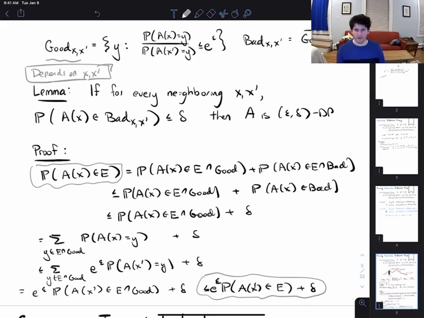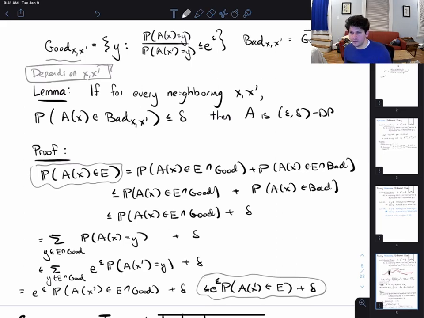We're going to do it by arguing that for every particular pair X and X prime, there's some small set of outcomes that are in this bad set, that are much more likely to come up under X than under X prime. But you're unlikely to be looking at one of those things. If you draw the outcome from A of X, you're very unlikely to be seeing one of those things. Okay, so that's how we prove it.